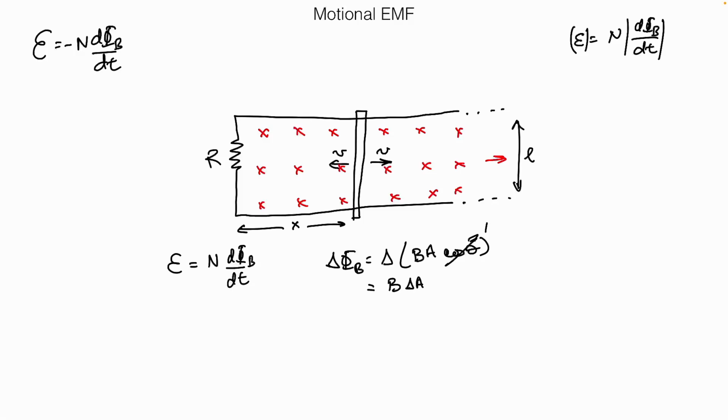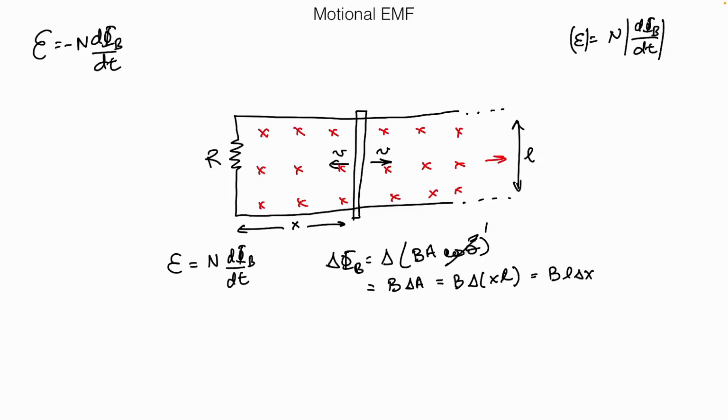So my area change is a change of x times L, isn't it? But which one of those two things is changing? It's just x, isn't it? So I've drilled down here.